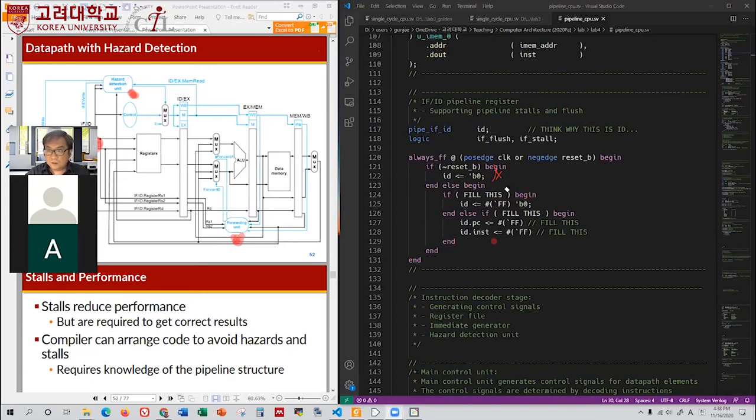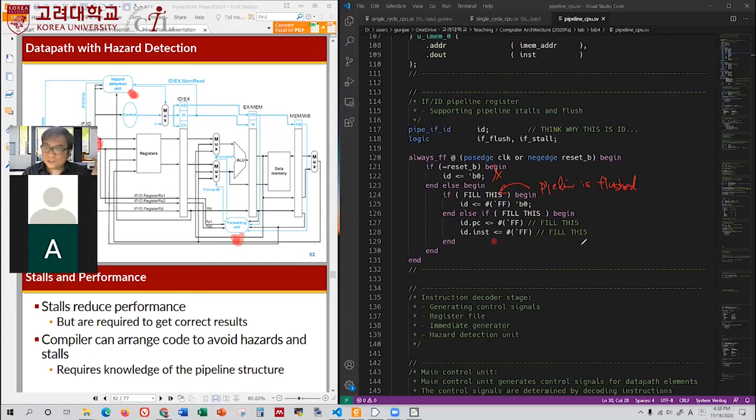So this condition means the pipeline is flushed. Okay. So this is a kind of control hazard. That means if the branch is taken, then we need to flush the instruction in the instruction fetch stage.